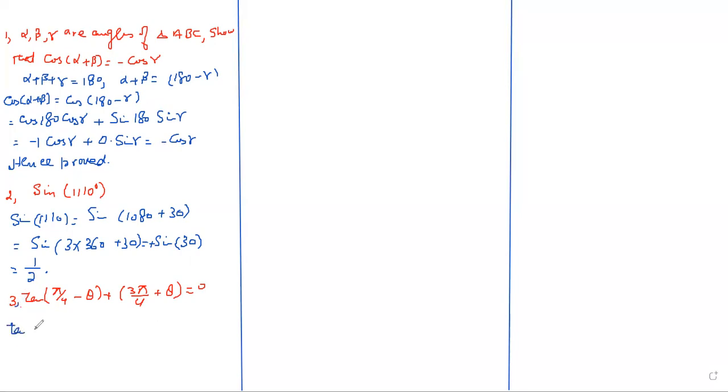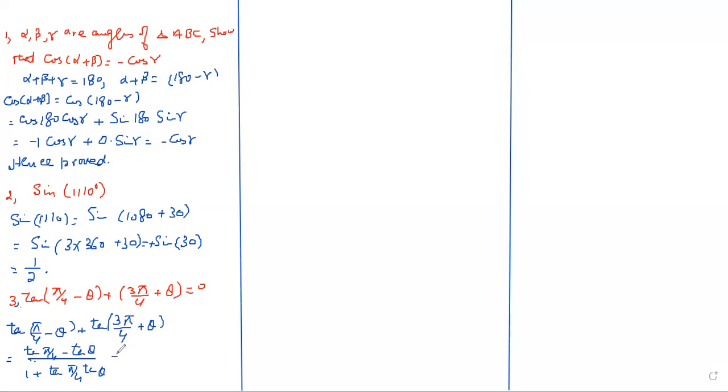So tangent of pi by 4 minus theta plus tangent of 3 pi by 4 plus theta, using the formula: tangent pi by 4 minus tangent theta, divided by 1 plus tangent pi by 4 and tangent theta.